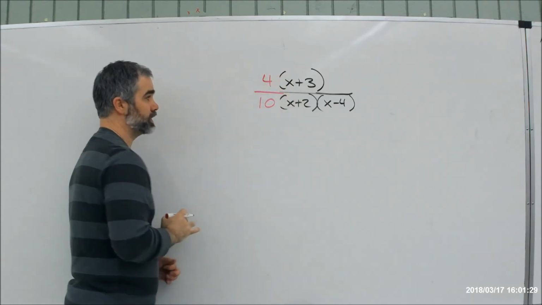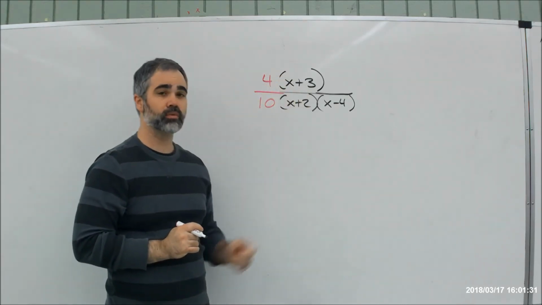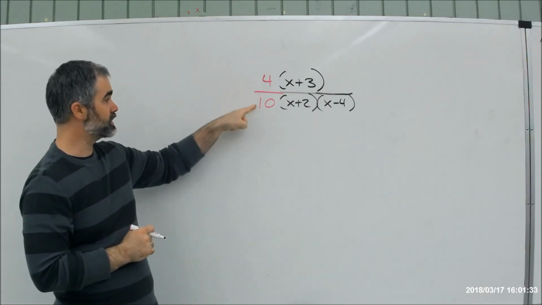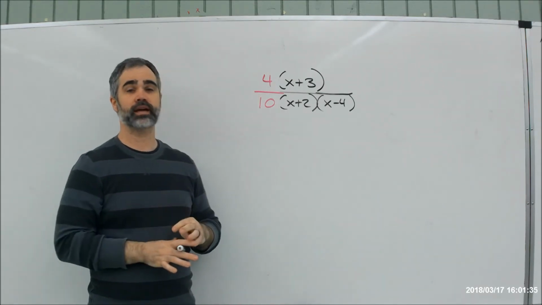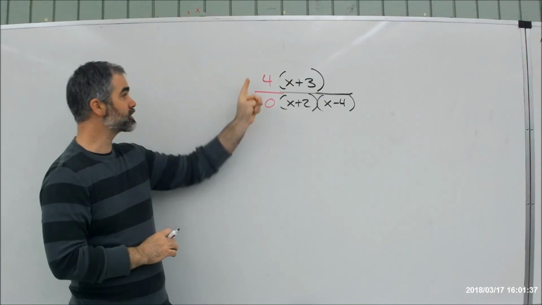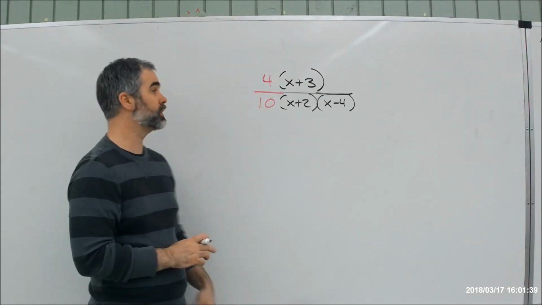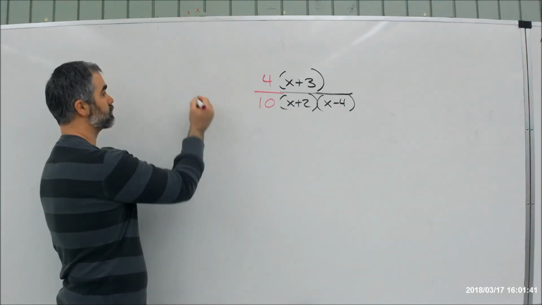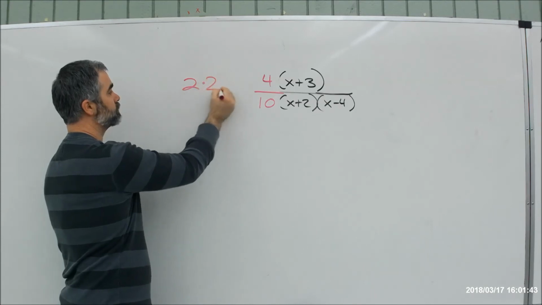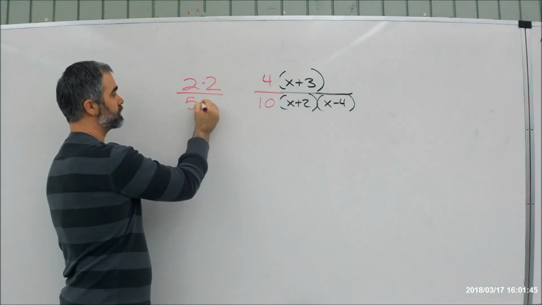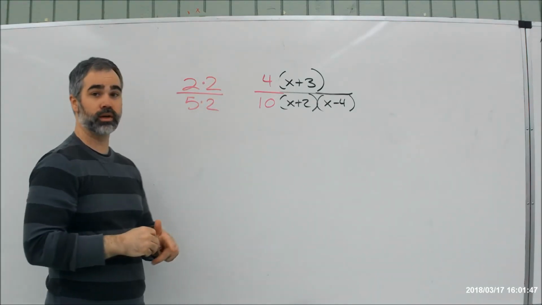We're almost done here. None of these are going to cancel out, but we do see this 4 and this 10. That's a regular fraction. If you forget everything else, this one will reduce. And again, the reason it reduces is because you can write this as 2 times 2 over 5 times 2. There is actually a big 1 in this problem.